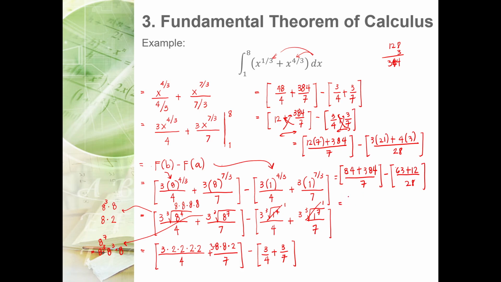So we now have 384 plus 84. So that will be 468. So I think this one is still not divisible by 7. Then this one is 75 over 28.